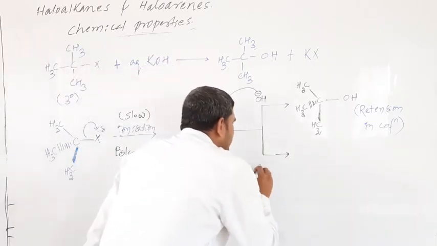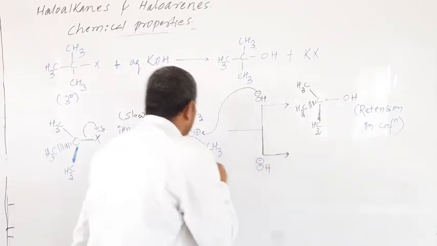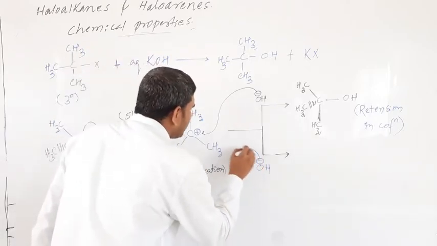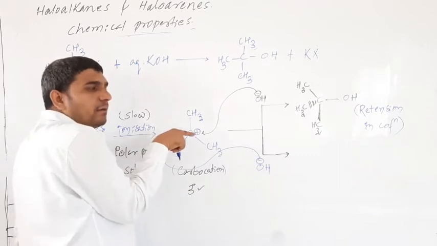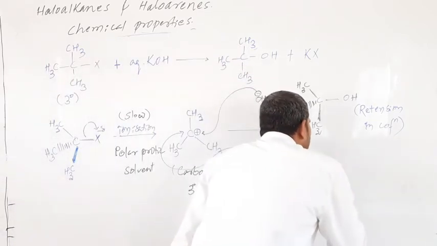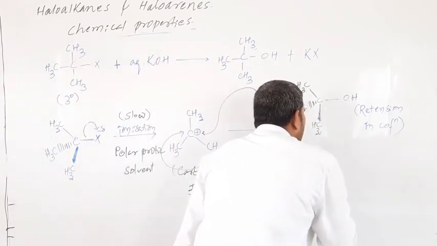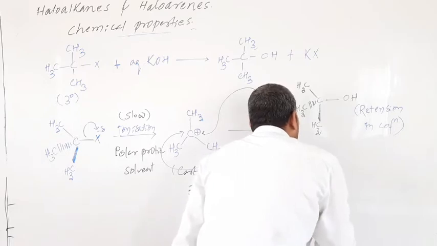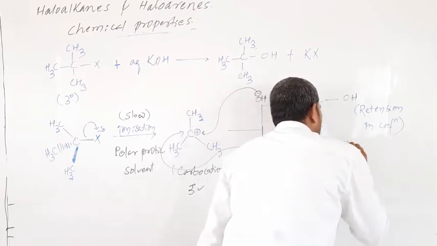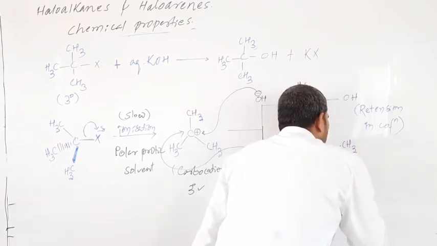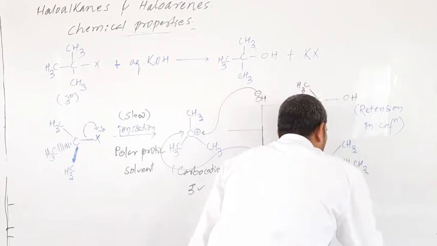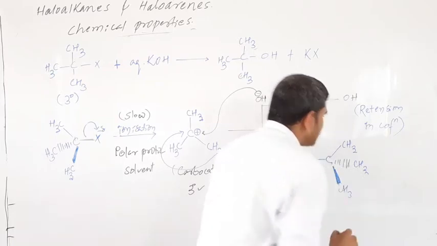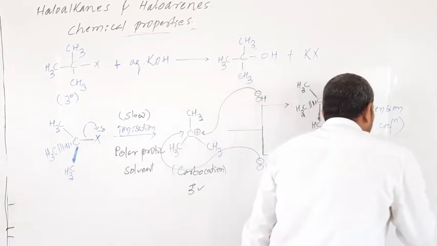Even the OH minus ion, after the formation of carbocation, can attack from what? Backside. When it attacks from the backside, the configuration is exactly opposite. Understood? It is exactly opposite. This is inversion.